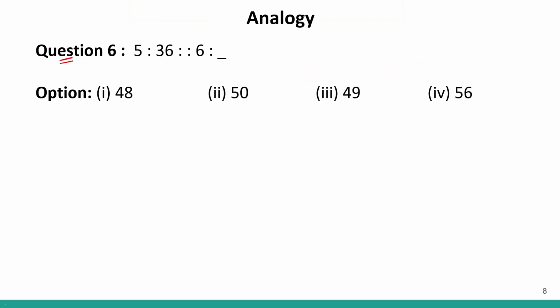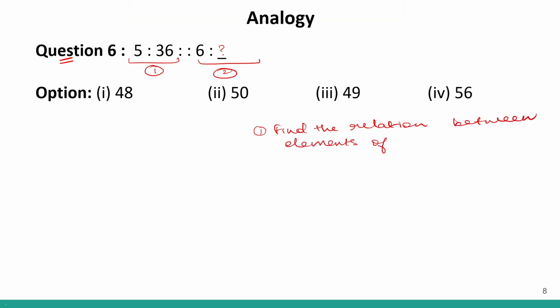Now, moving on to question number 6. Question number 6, we have 5, 36 and 6, and then we have to find the next number. So this is the first pair, correct? This is our first pair and this is our second pair. So what are the steps? First step, find the relationship between the elements of pair 1, correct?